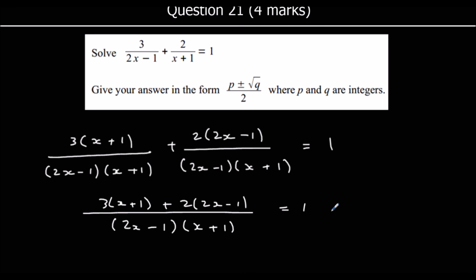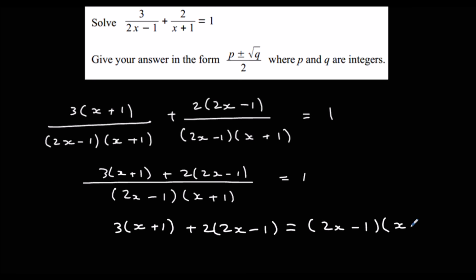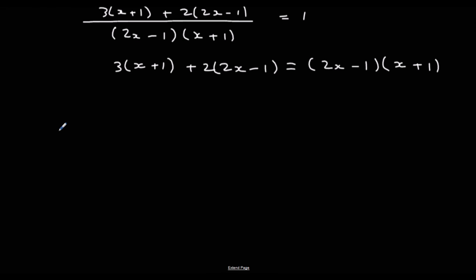I want to get rid of the fraction, so I'm going to multiply both sides by the denominator. So I've got 3 times (x plus 1) plus 2 times (2x minus 1) equals (2x minus 1)(x plus 1). I need to expand all of these brackets.